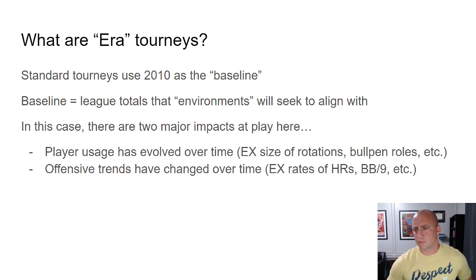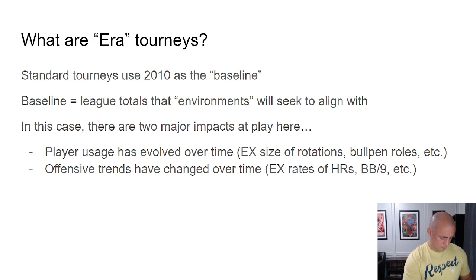So when you're setting your lineups for these tournaments, you have to look at, one, what were the roles of players back then, and fit the guys you're putting into the roster into those roles rather than the standard 5-man rotation, 7 or 8-man bullpen.